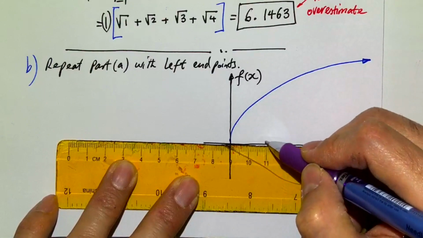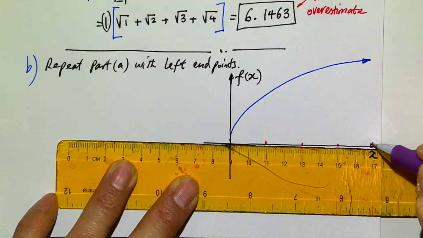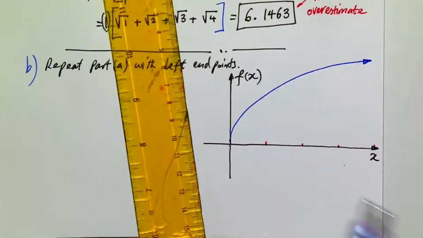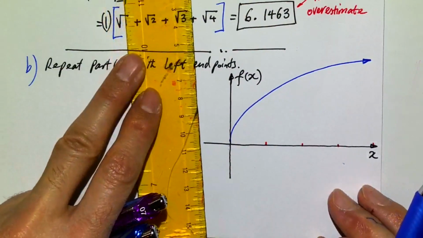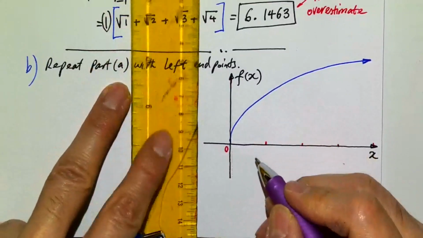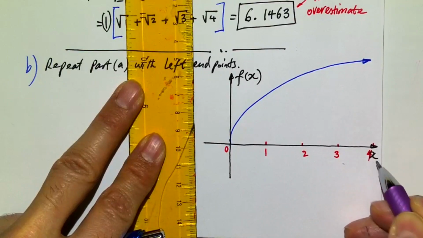Four, so let me, I guess I can mark 1, 2, 3, and 4. Maybe I won't need that last one, but so this time from 0, 1, 2, 3, and 4.